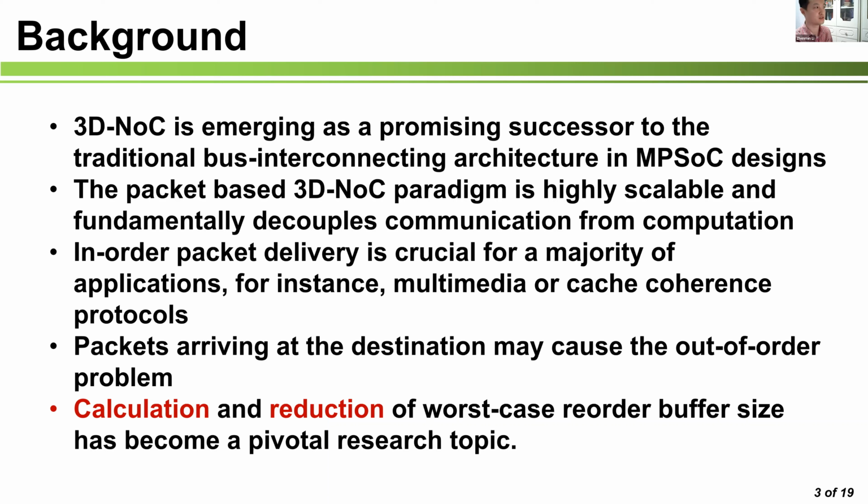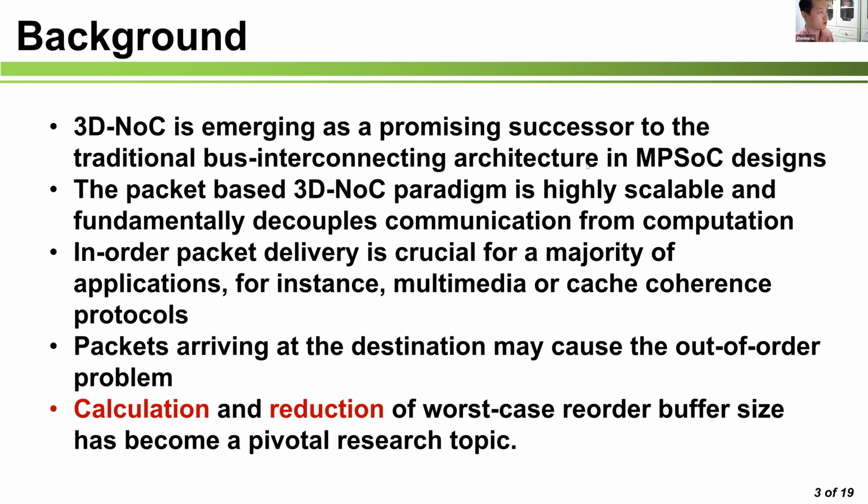The packet-based 3D NoC paradigm is highly scalable and fundamentally decouples communication from computation. It has advantages of low communication delay, low power consumption, and high data throughput. However, it has some drawbacks, and its complexity forbids us from further exploiting the potential of this technology.